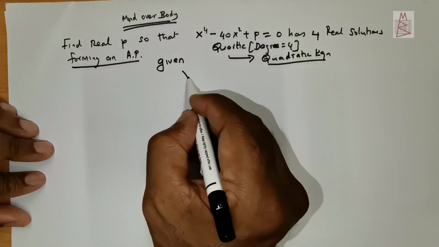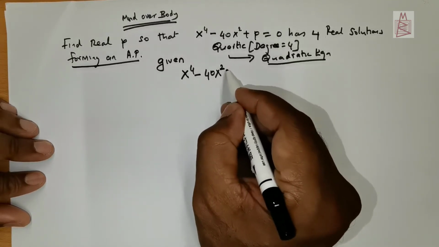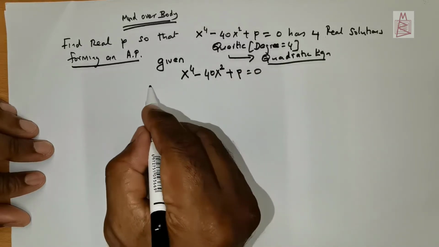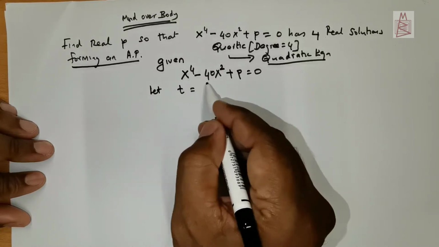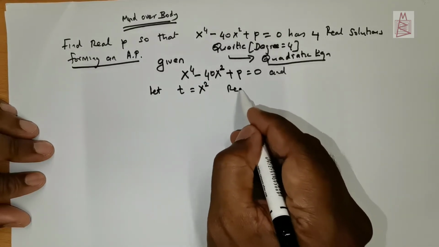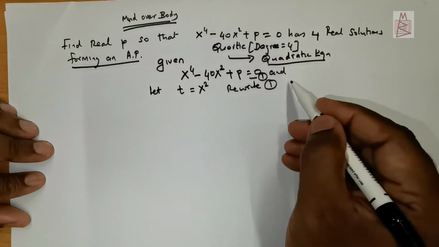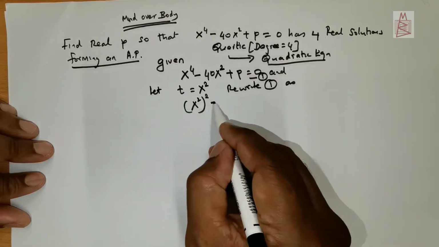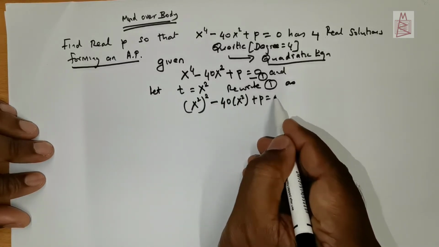Now, having known that logic, let us start off by writing the question. We are given that x to the power 4 minus 40 times x squared plus p is equal to 0. So this is given, and I'll call it 1. Now I'm going to take some t to be equal to x squared and rewrite the parent equation 1 as x to the power 2 raised to the power 2 minus 40 times x squared plus p is equal to 0.